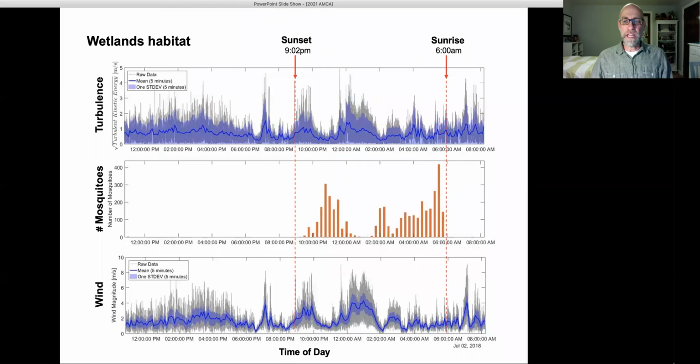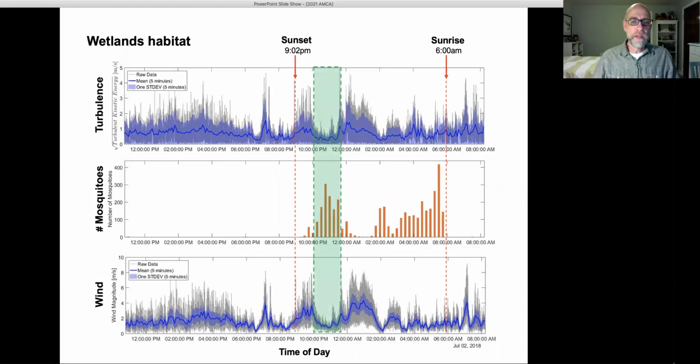So these data were collected over a single night, and mosquito activity was recorded primarily between sunset and sunrise, which is as you'd expect it to be. And we're looking at turbulence, number of mosquitoes, and wind. We can see some correlations between the turbulence and the wind magnitude and the number of mosquitoes that are being caught.